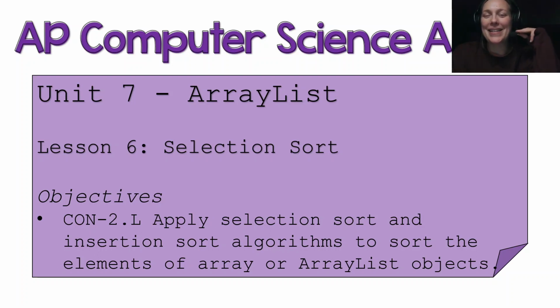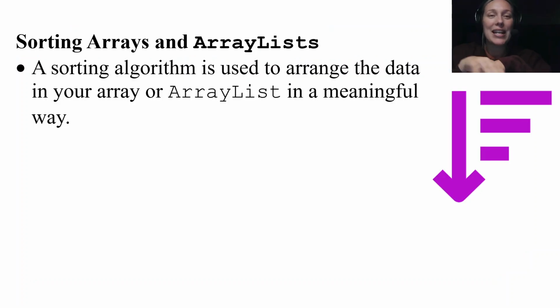Welcome to another lesson where I, Goldie, am going to take you through our current unit, Unit 7, ArrayList, and we are going to go through Lesson 6, the selection sorting algorithm. Sorting algorithms let us sort arrays and array lists, and we want to sort in order to arrange the data in some sort of meaningful way.